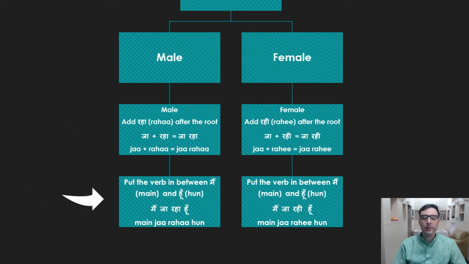And finally, we have to put the verb in between the pronoun, which is main, and its helping verb, which is hoon. So that would give us the sentence, मैं जा रहा हूँ. I am going. Now let's look at this with the feminine ending next.